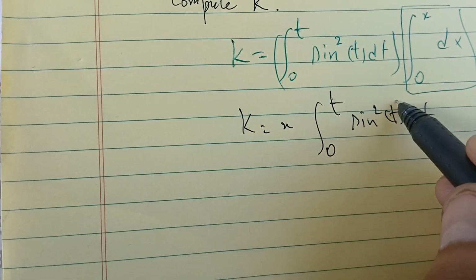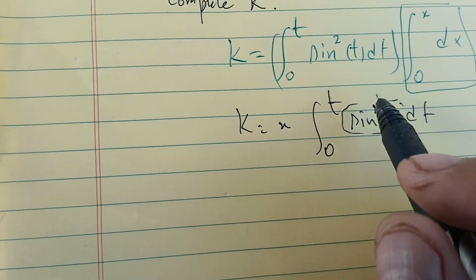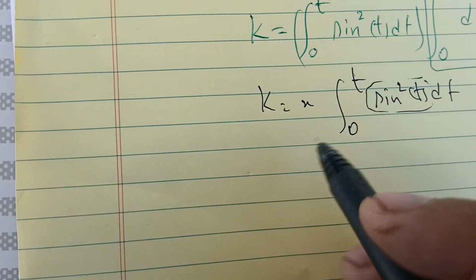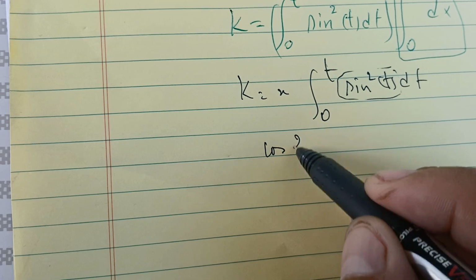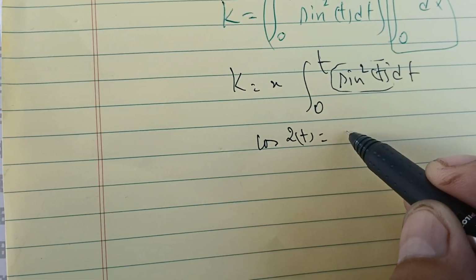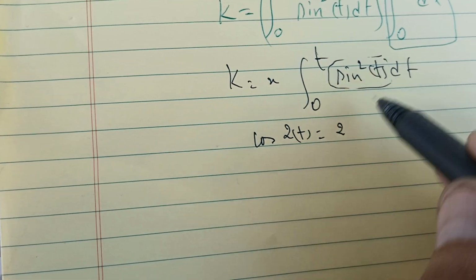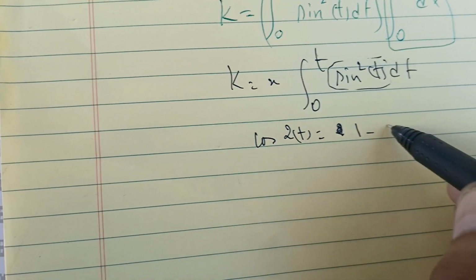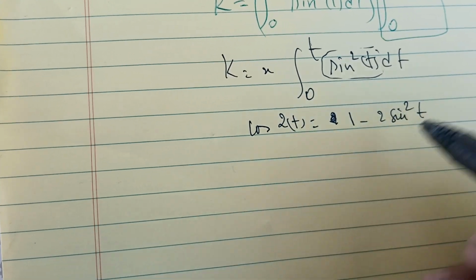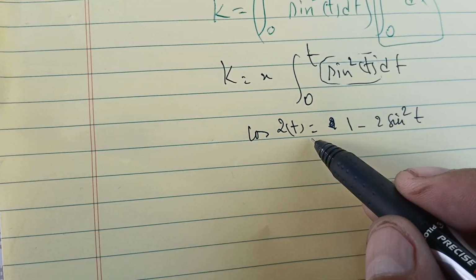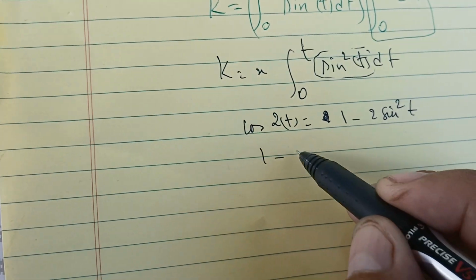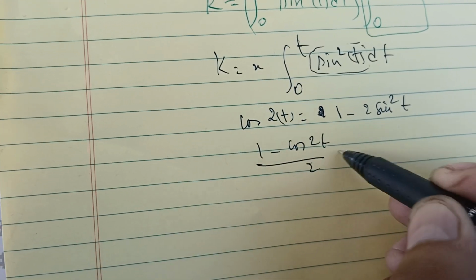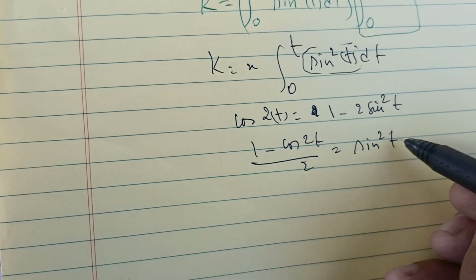Okay, how can we do this one here now? We know that the cosine of 2t is, because we need the sine, 1 minus 2 sine squared of t. Adding minus 1 to both sides and dividing by 2, I get that (1 minus cosine 2t) over 2 is sine squared of t.